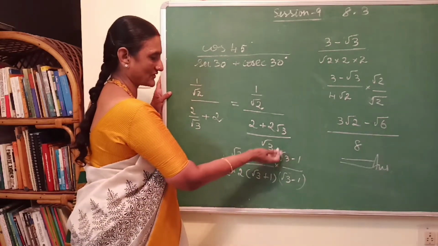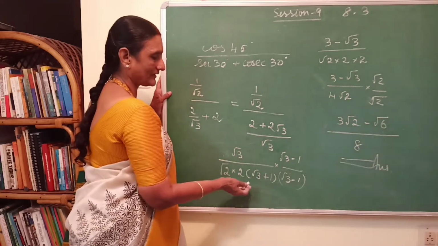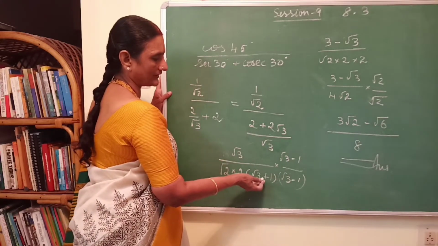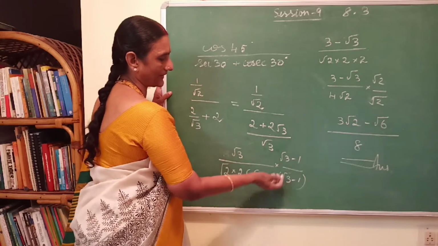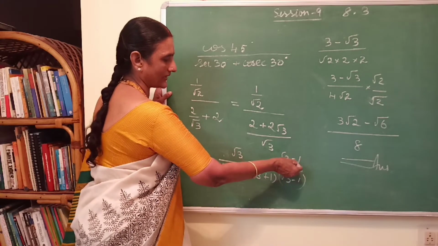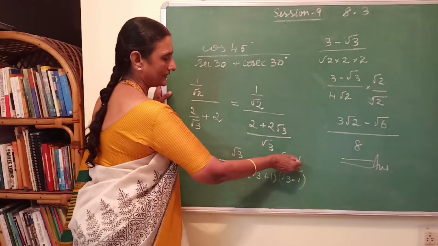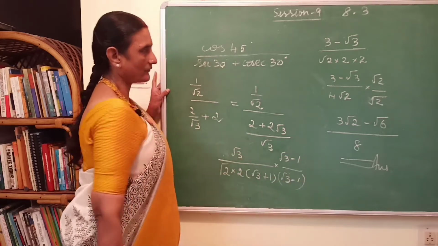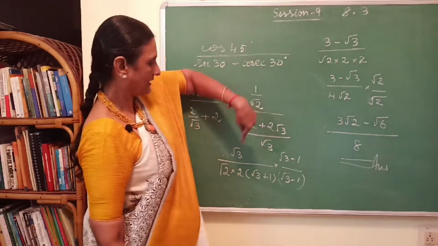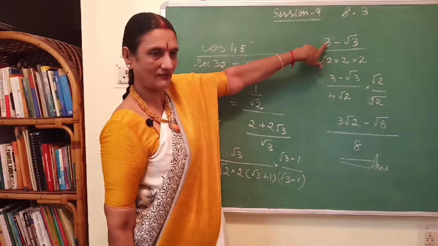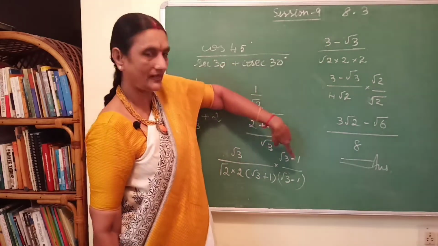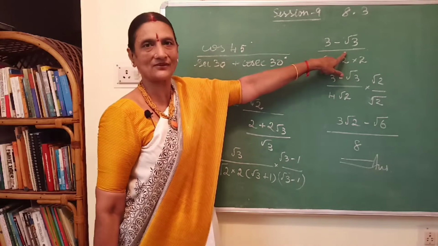So, this is not enough. We have to rationalize the denominator by the conjugate. So, root 3 plus 1's conjugate is root 3 minus 1. I have multiplied both the numerator and the denominator with root 3 minus 1. Therefore, in the numerator, we have got root 3 into root 3, which is giving you 3. And then root 3 into minus 1, you have got minus root 3.